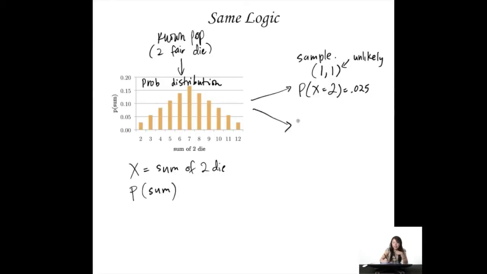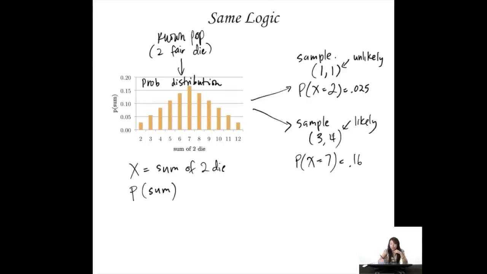But let's say we got a sample that was something like 3, 4. We might compare that to the probability where x equals 7, and that is pretty likely. There's like, say, a 16% chance. And so we would say, oh, this is likely.